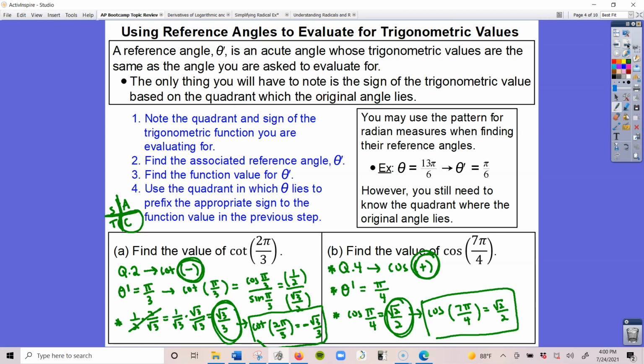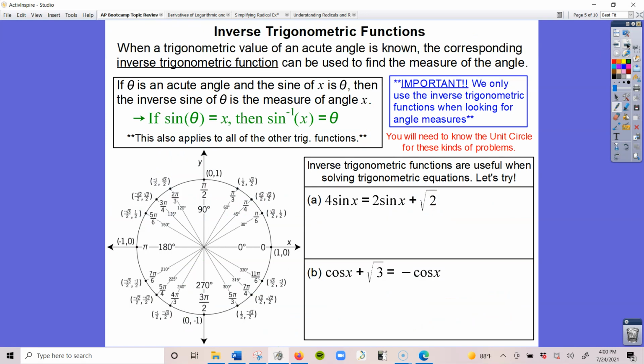Now that we've reviewed how to find trigonometric values of any angle, we're going to go over inverse trigonometric functions. And this is helpful when we're trying to solve a trigonometric equation. Now, you won't really see too many of these, but it's always good to review just in case we do. The inverse of a trigonometric function means that we're going backwards.